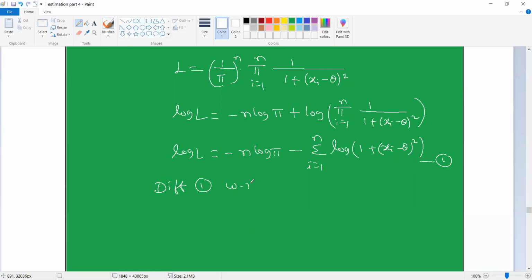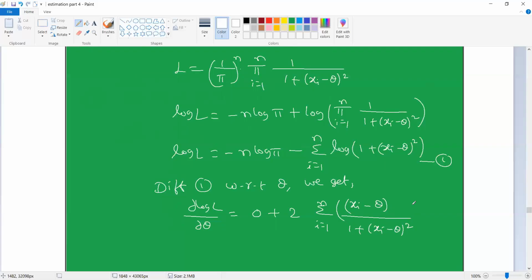Differentiate 1 with respect to theta. We get dou log L by dou theta is equal to, minus, minus, plus 2 into summation i is equal to 1 to n, the differentiation is xi minus theta by, as the differentiation of the log function is 1 by x, 1 plus xi minus theta whole square.